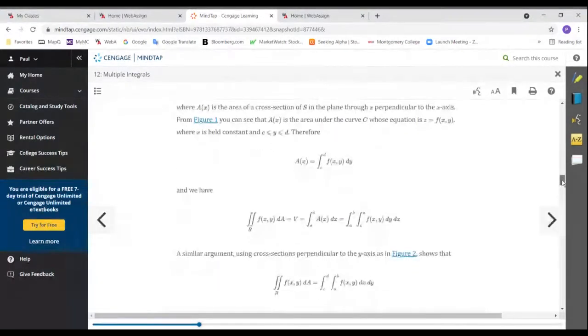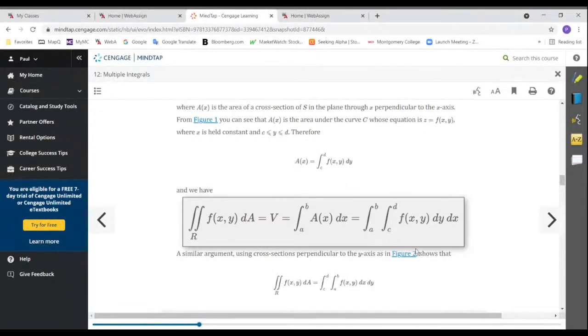And that's how the volume is then a double integral. That's how the double integral comes about.